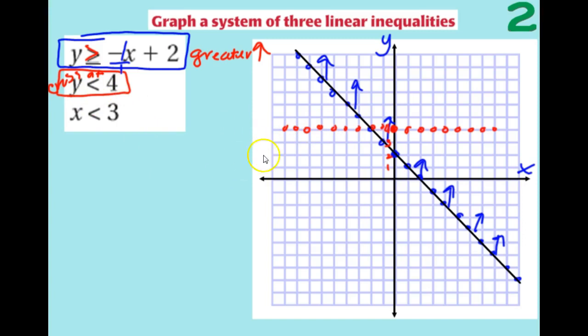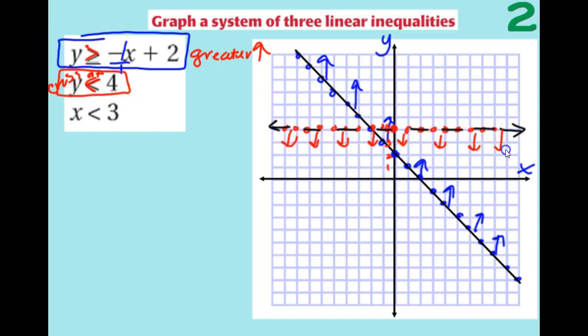And this does not have the equal to, so this is going to be a dashed line. And then this has an L for less than, so we would be shading below this line.